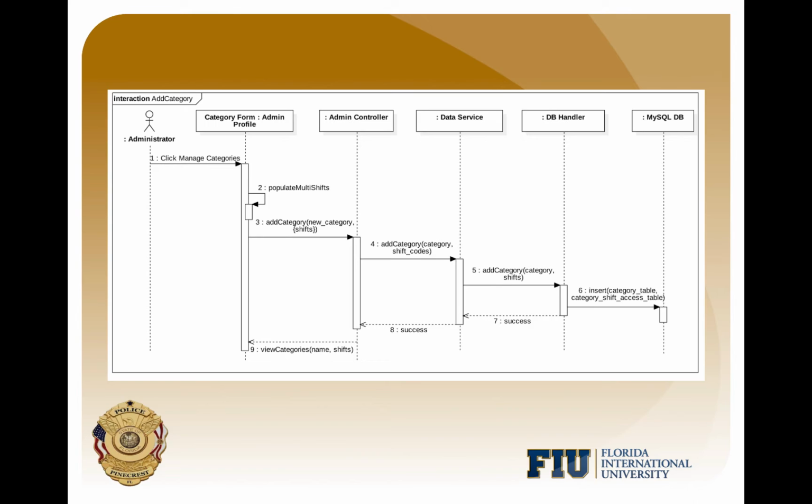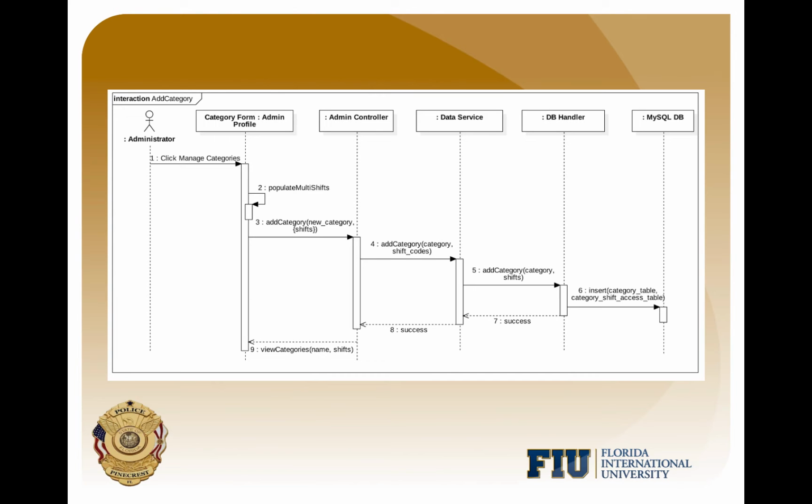The sequence diagram that I chose for this user story is how to add a category. The administrator clicks on the Manage Categories option, and this populates the active shifts that are in the system. Then the administrator can specify the category name, as well as which shifts will have access to see that category, through the admin controller.